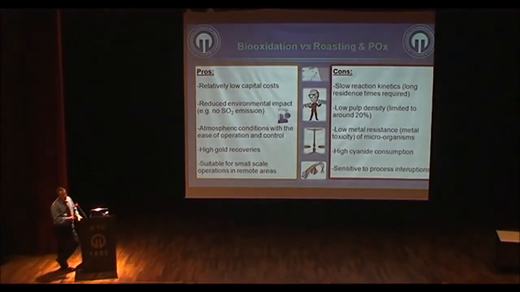Low pulp density is another disadvantage, limited to around 20% by weight, and there is low metal resistance of bacteria. In other words, metals at certain concentrations are toxic to these microorganisms, which affects their performance as well.